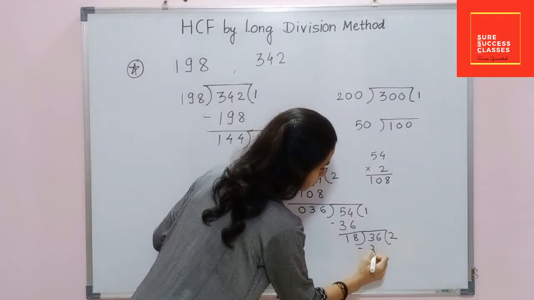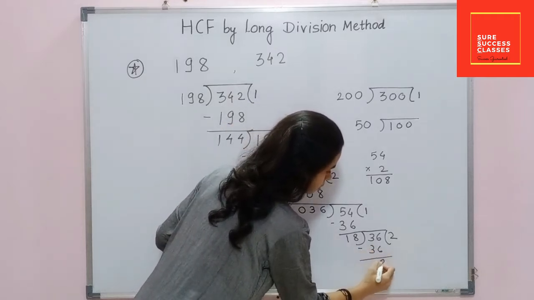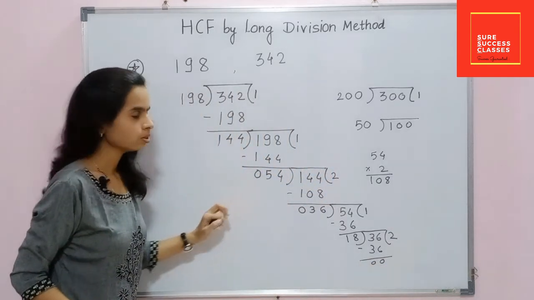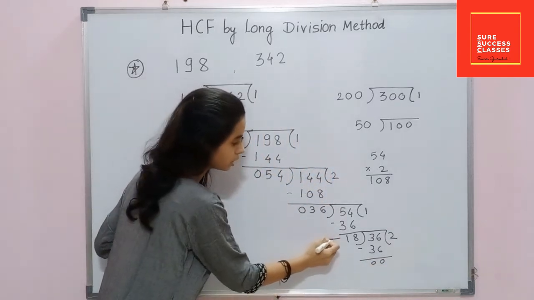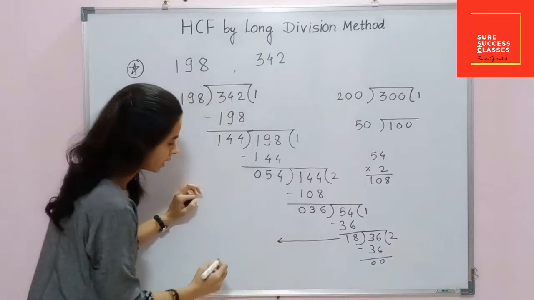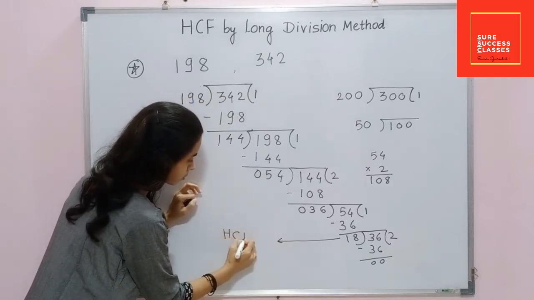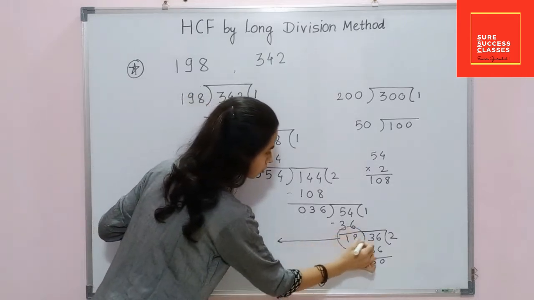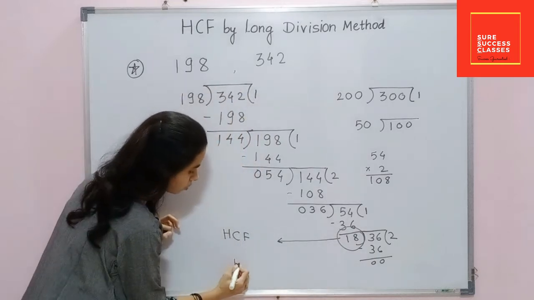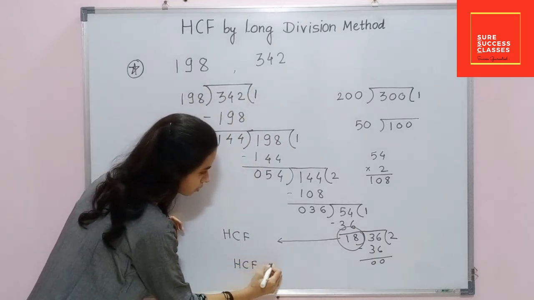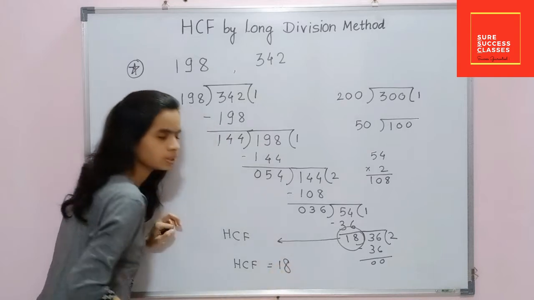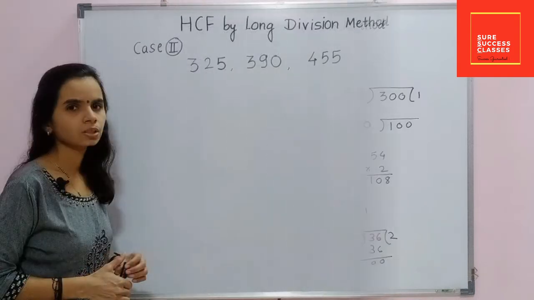So we will subtract 36, 0 0. Here we have got 0 as a remainder, so this last divisor is our SCF. The SCF of both numbers is 18. In this way you can solve such types of examples.